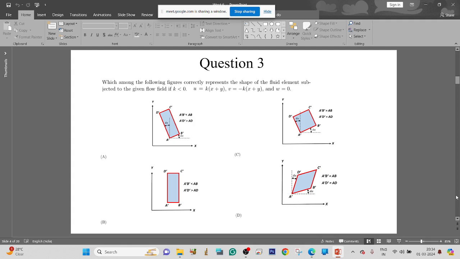Yes, ma'am. But as per linear strain, only A is coming correct. Linear strain one is negative, that means there is contraction, and that is also true. So in AB there will be contraction, and in AD there will be elongation.